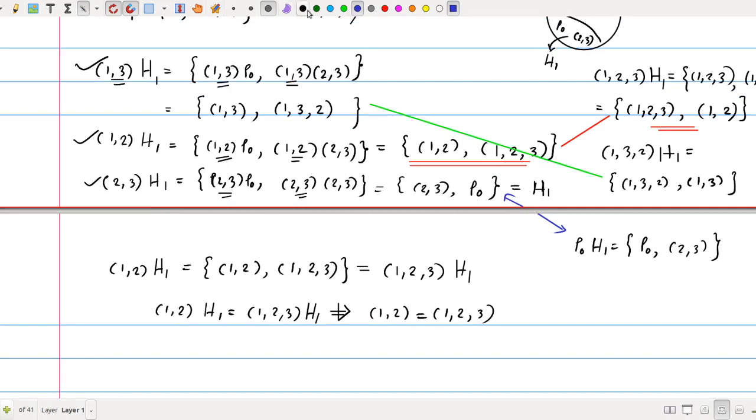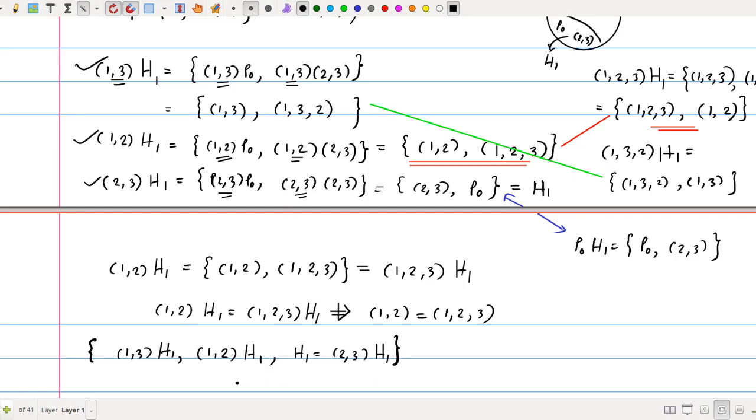The first one is (1 3) times h1, the second one is (1 2) times h1, and the third one is h1 itself, that is nothing but (2 3) times h1 or rho naught times h1. So these are the distinct and different cosets of this h1.